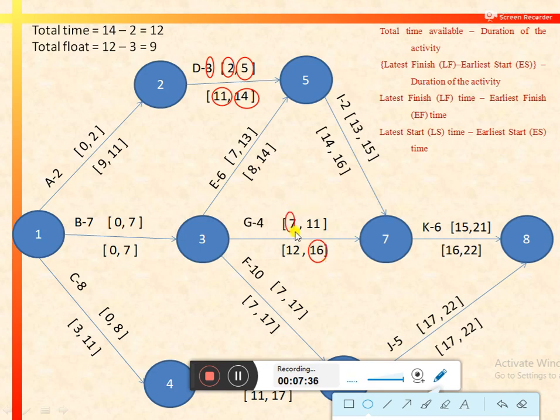So total time available would be equal to 9 days. So out of 9 we need to reduce the duration of the activity, that is 4. So the total float available with activity D would be equal to 9 minus 4, that is 5 days. So a similar procedure we can apply on other activities as well to calculate the total float for them.